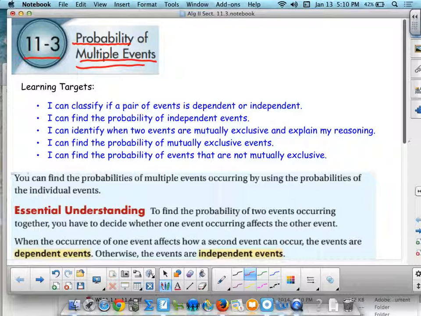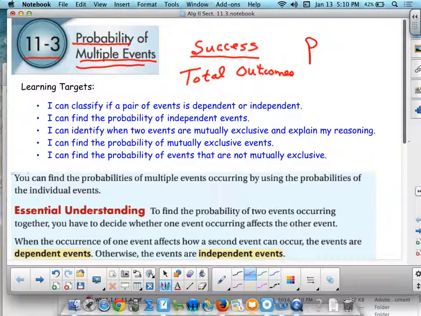Probability is simply the success of what you want to happen out of the total outcomes that could happen. For instance, I usually put P for probability, and then inside my parentheses I'll say what I want.